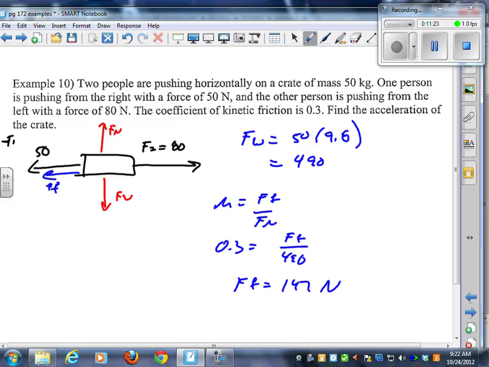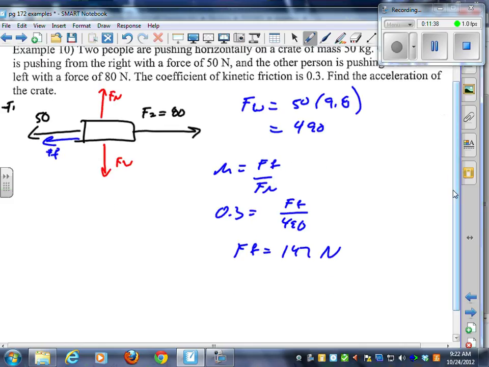That seems like a lot of friction, 147 newtons friction. Especially when you consider that these guys are pushing with 50 and 80. What's my net force? Like if there's no friction, it's going to be 80 to the right and 50 to the left, right?